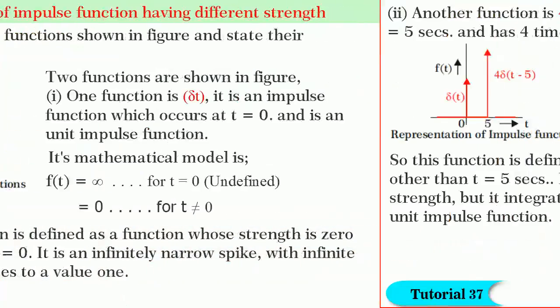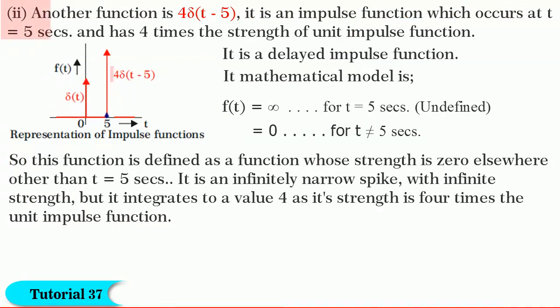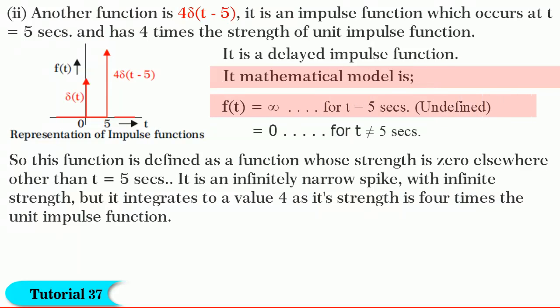Note that. Similarly, another function is 4 delta t minus 5. It is an impulse function which occurs at t is equal to 5 seconds and it has 4 times the strength of unit impulse function. It is a delayed impulse function. Its mathematical model is f of t is equal to infinity for t is equal to 5 seconds, which is undefined, and is equal to 0 for t not equal to 5 seconds.